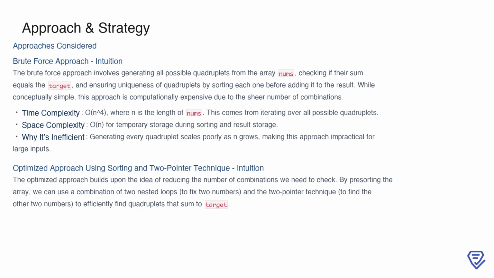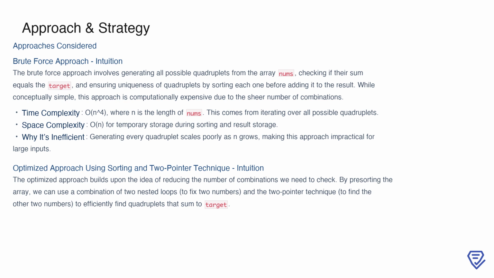To solve the 4Sum problem, we first consider the brute force approach. The idea here is straightforward: generate all possible quadruplets from the input array nums, check if their sum equals the target value, and ensure that the quadruplets are unique. To enforce uniqueness, we can sort each quadruplet before adding it to the result set.